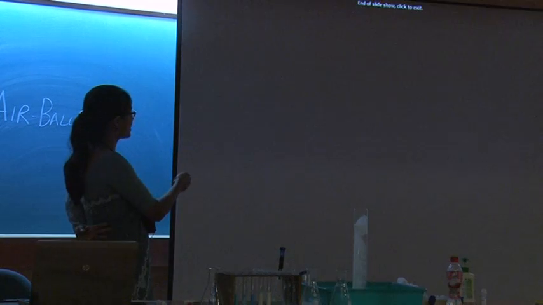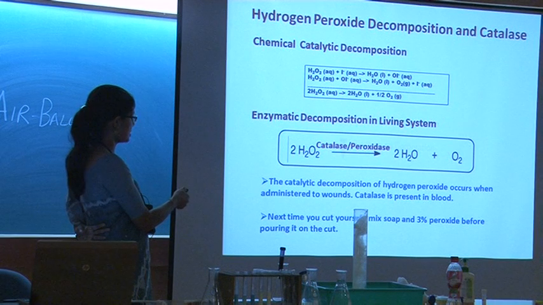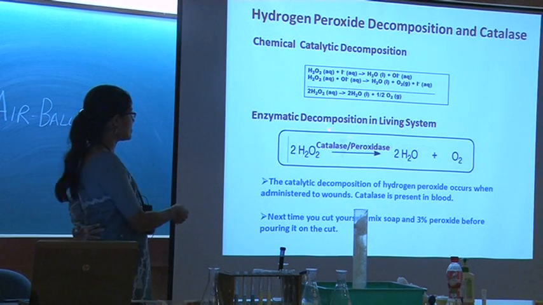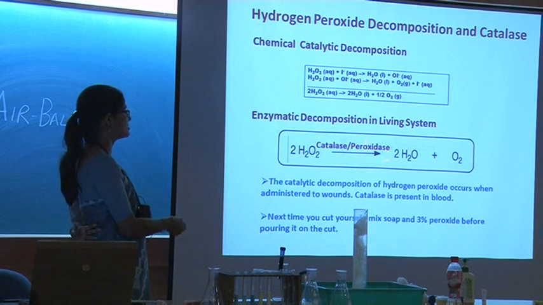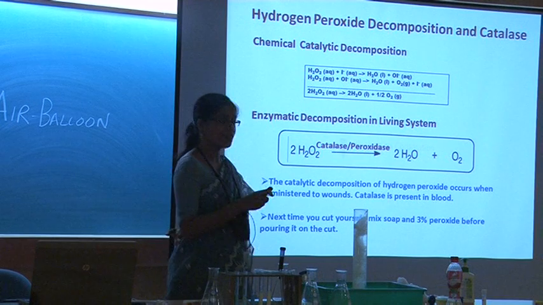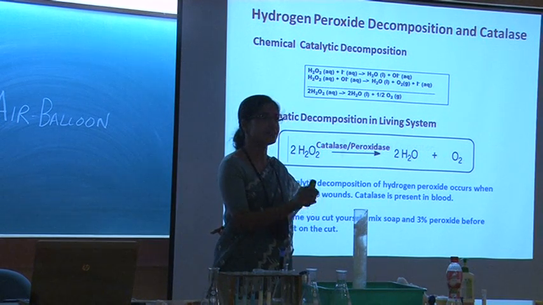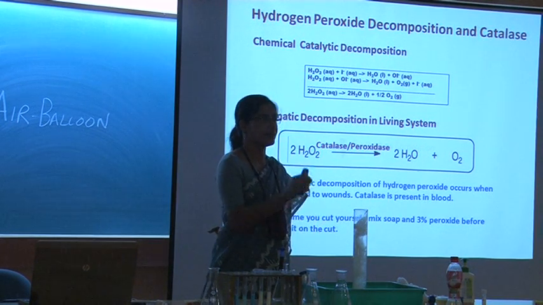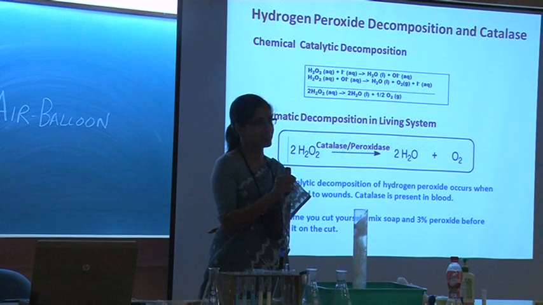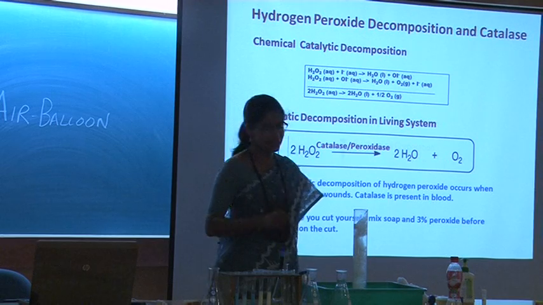So, this is the chemical reaction that you have just performed, and this same reaction takes place in the living system with the help of catalase and peroxidase. So, we have seen the chemical decomposition of hydrogen peroxide, and now we will see the decomposition of hydrogen peroxide in the living system, right?